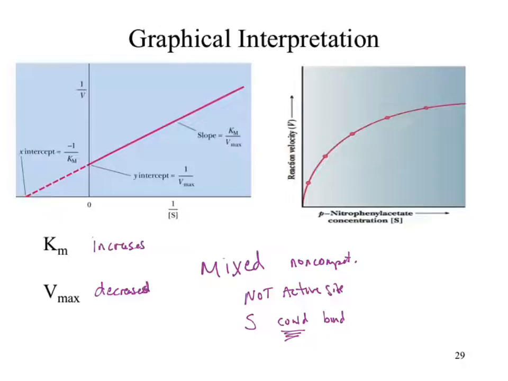If Vmax decreases, our y-intercept increases, our x-intercept decreases. It's always weird to say decreases as a negative value. Closer to the zero is probably a better statement. Okay?